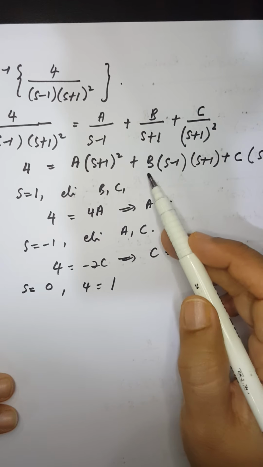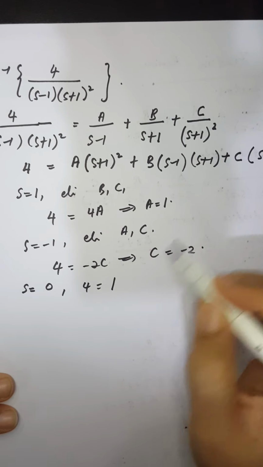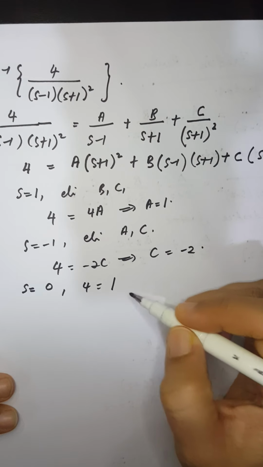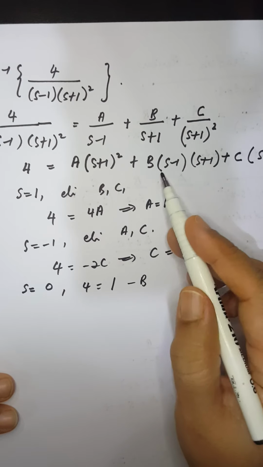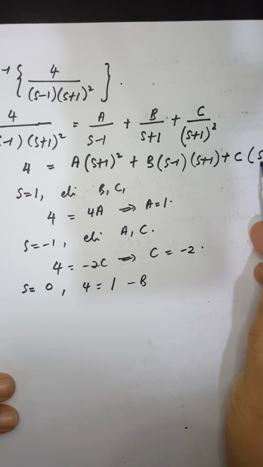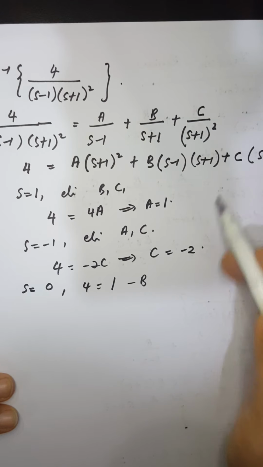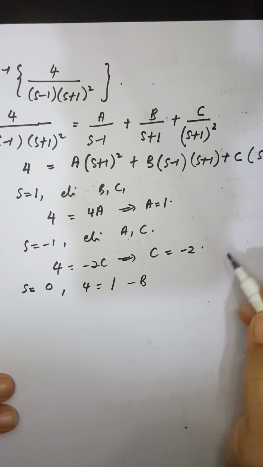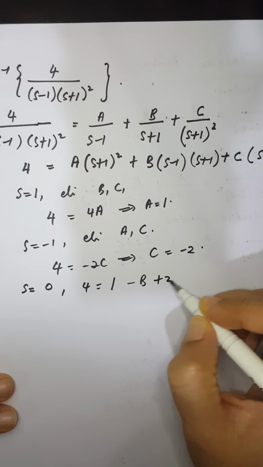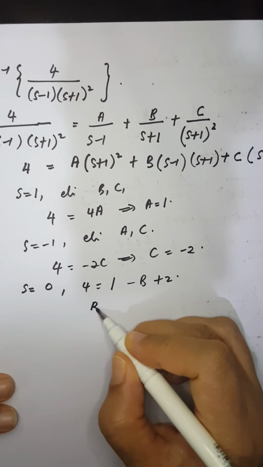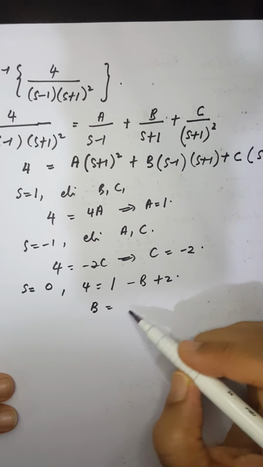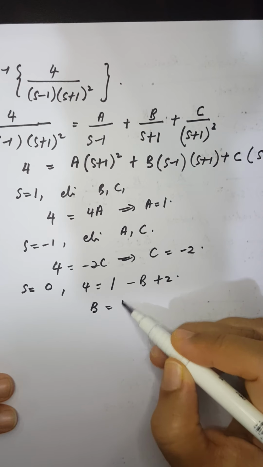So we have -1 multiplied by B, negative B, and then s is 0, so negative C, C is -2, so -1 multiplied by -2, we have 2 plus 2, so we get B. So B equals 1.